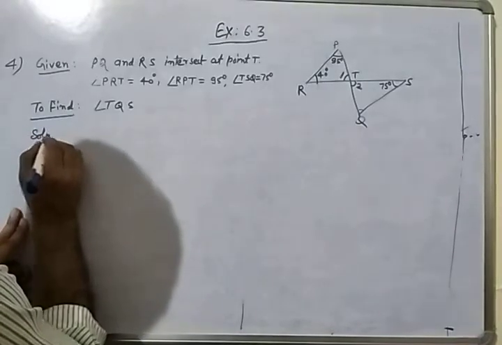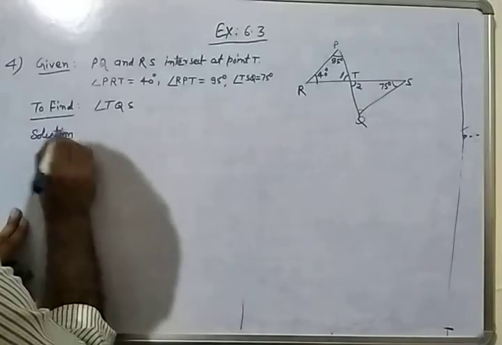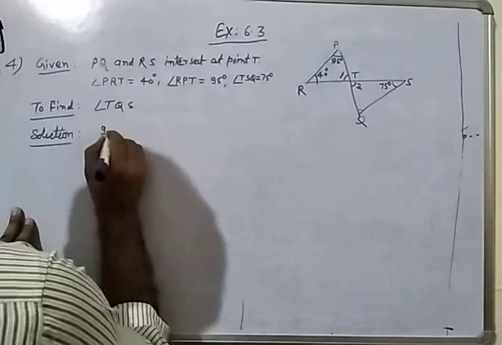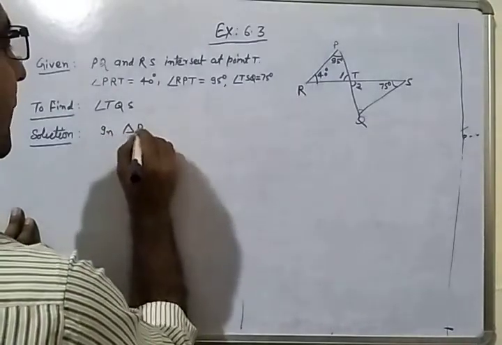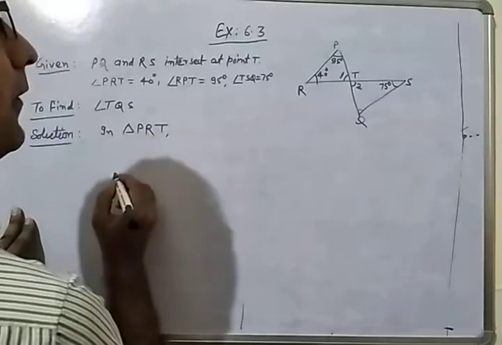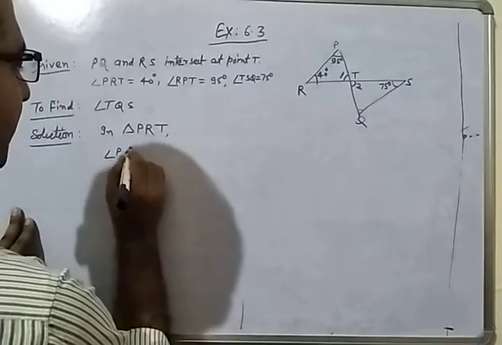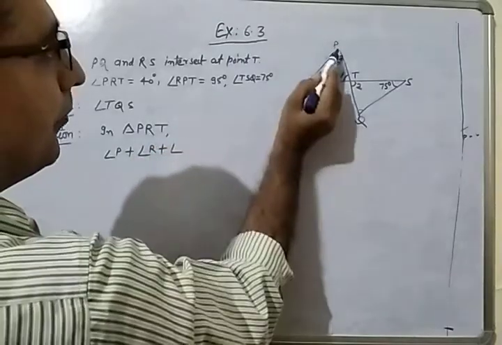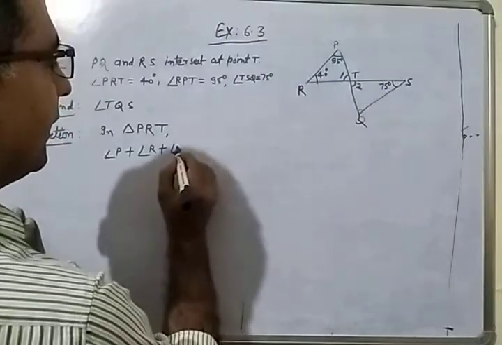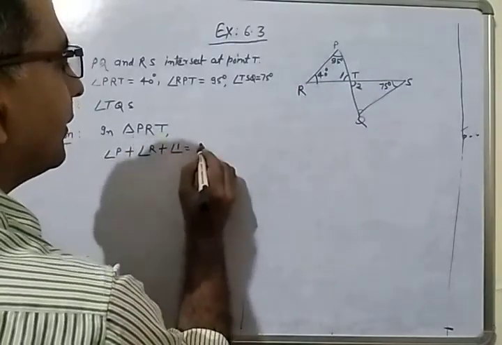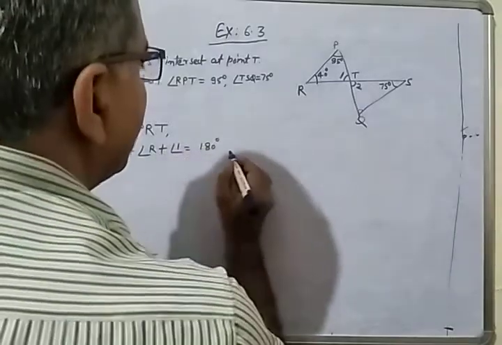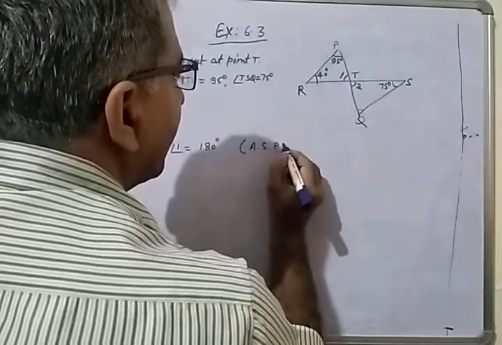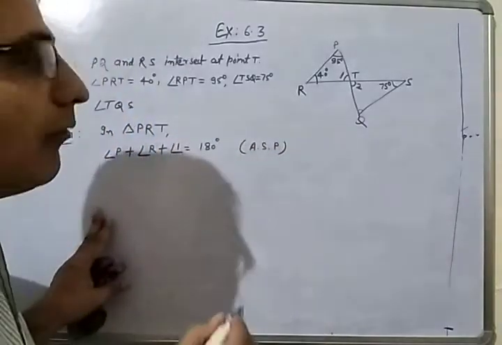Solution. We take first this triangle. In triangle PRT, angle P plus angle R plus angle PTR, or we can write this angle 1, equals 180 degrees. We know by the angle sum property, the sum of all angles of a triangle is 180 degrees.